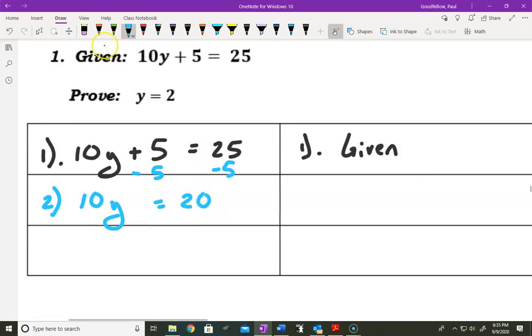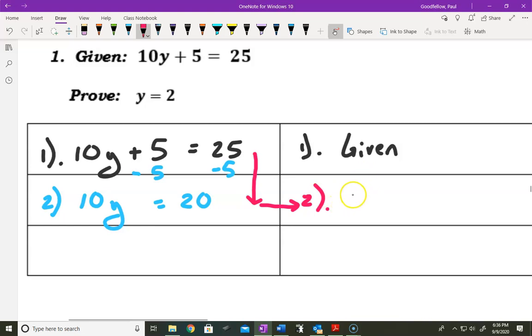Okay? Now, here's the question. When you're thinking about doing proofs, it's like, how did I get from this line to this line? And what I did to get there has to be explained in this location. So what did I actually do to go from line 1 to line 2?